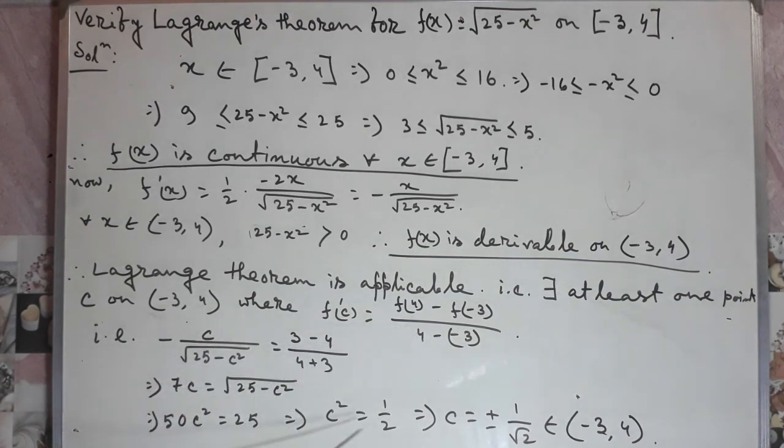Then by calculation we get c is equal to plus minus 1 by root 2. That means two values of c exist here, and both plus 1 by root 2 and minus 1 by root 2 lie in this open interval minus 3 comma 4. That means Lagrange theorem is verified.